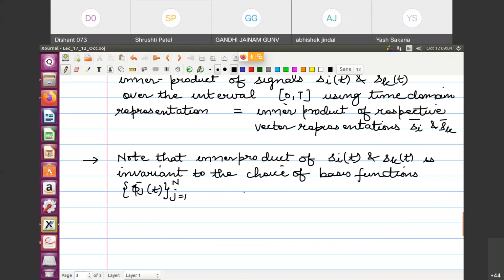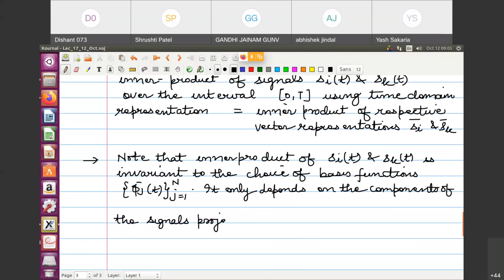It only depends on the components of the signals projected onto each of the basis functions.